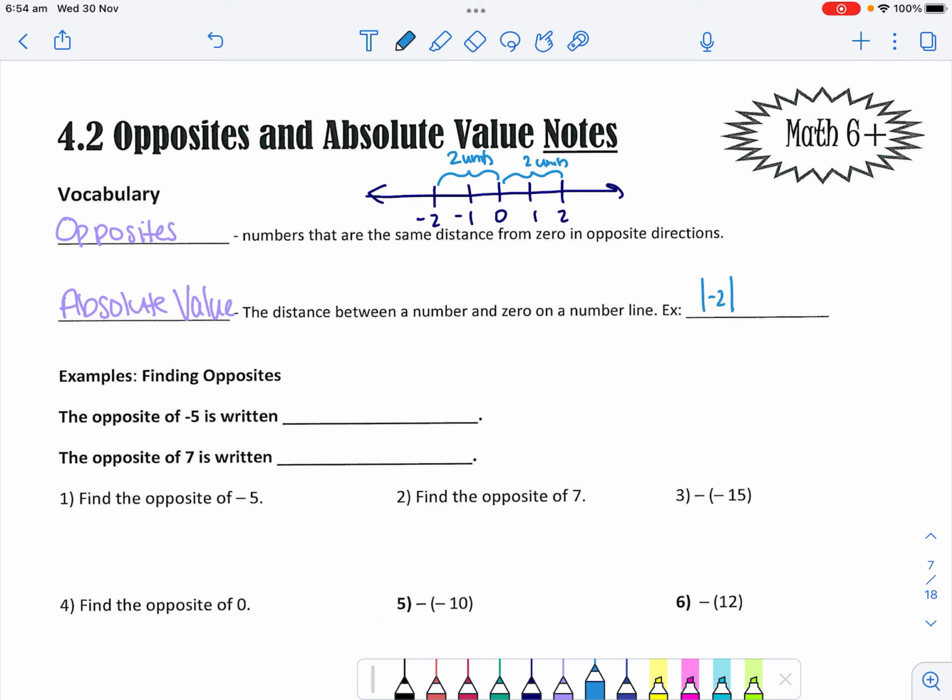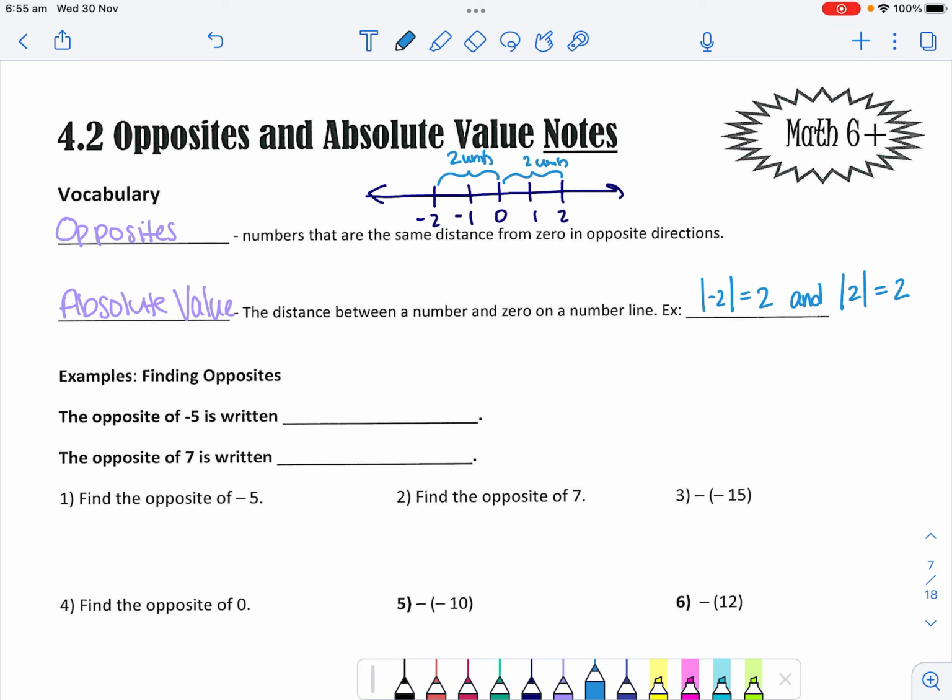So the distance from -2 to 0 is going to be 2 units. So the absolute value of -2 is 2. And if I do the same thing for the positive number, so the absolute value of +2, that number is also 2 units away from 0, so the absolute value of +2 is 2.